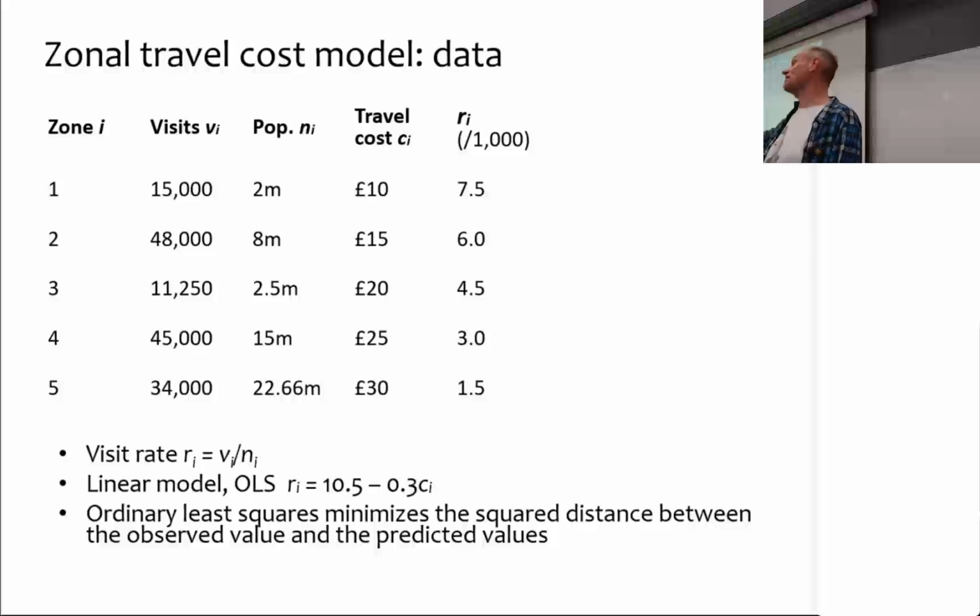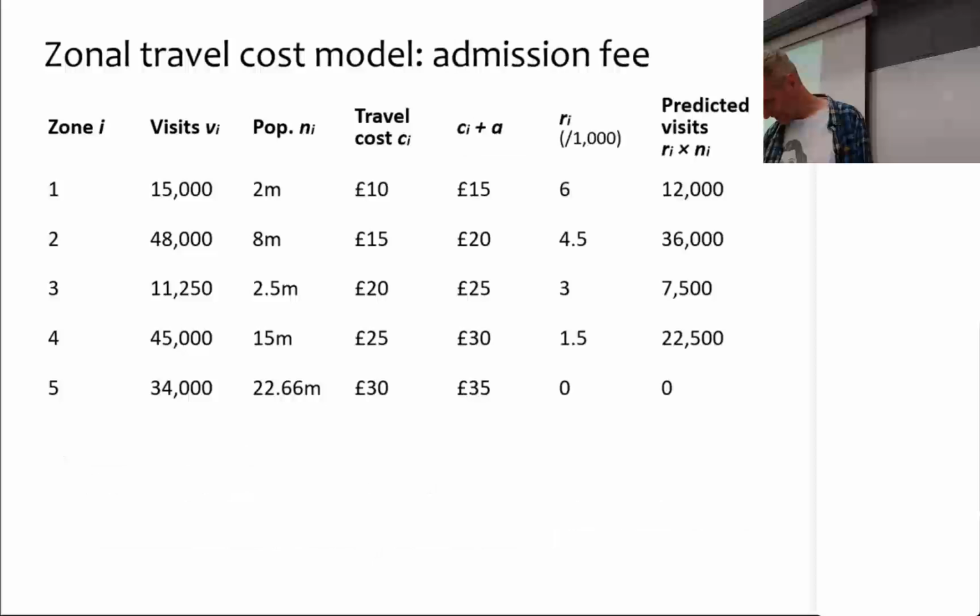And you can estimate this with ordinary least squares, right? Where you minimize the square distance between your observation and your prediction, right? You find those two parameters, alpha and beta, so that the difference between your predicted R and your observed R is minimal, right? That's what you do in ordinary least squares, for those of you who haven't done your econometrics.